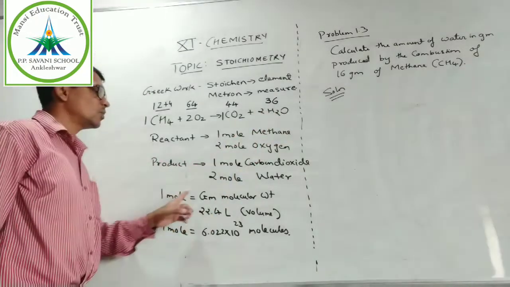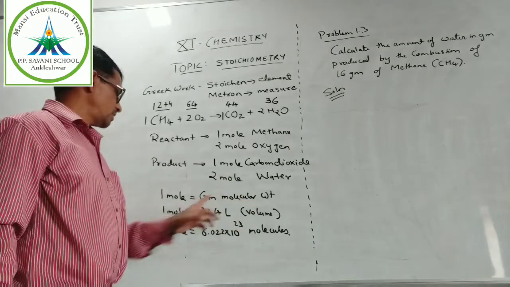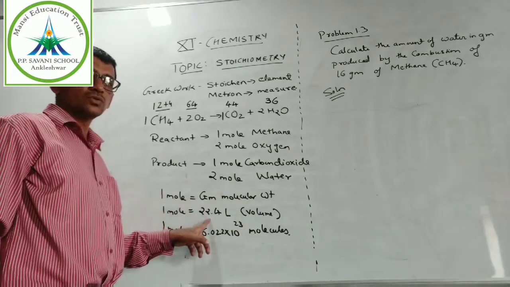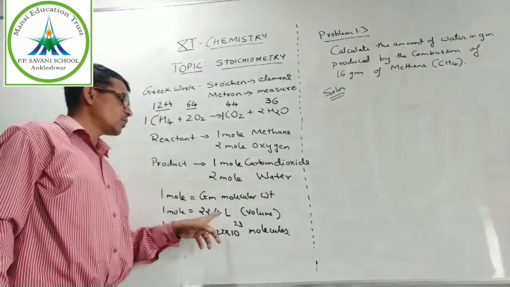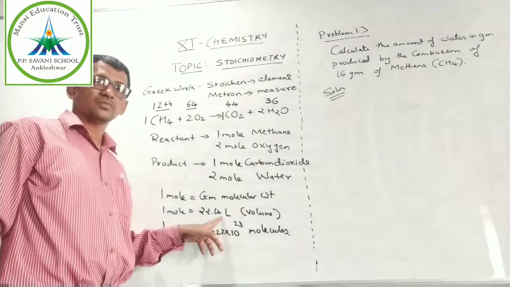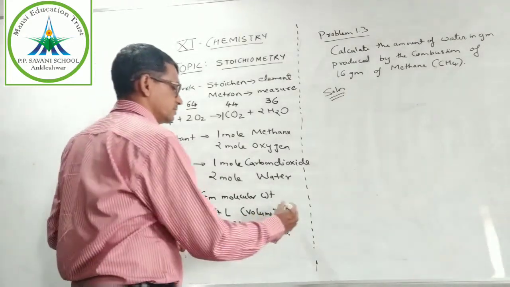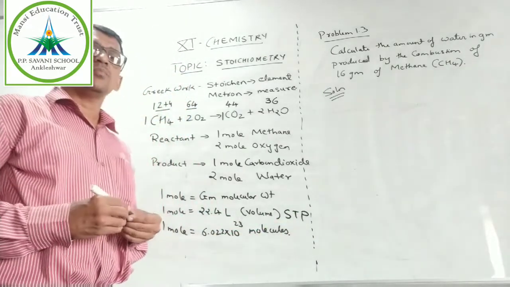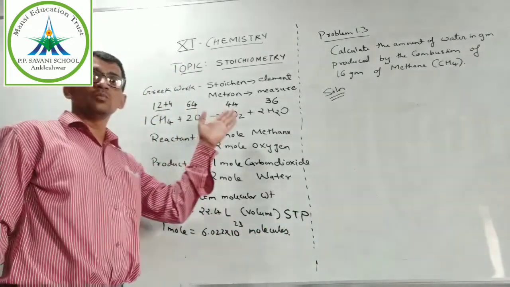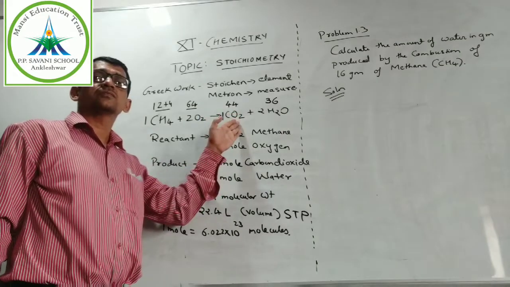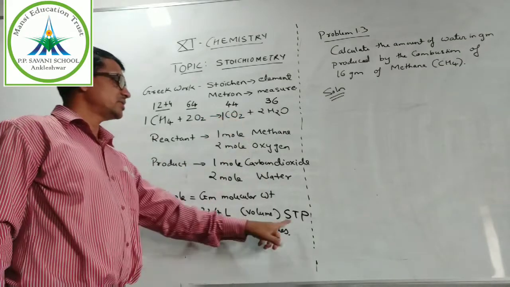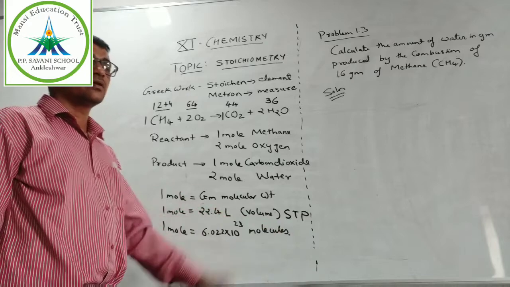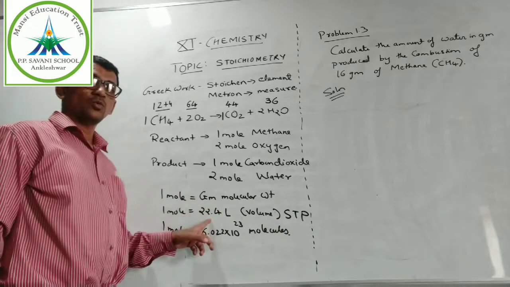So here 1 mole is equal to the molecular weight. 1 mole is also equal to 22.4 liter volume at STP, standard temperature and pressure. So in terms of volume, if gases are produced and temperature and pressure are at STP, then 1 mole is equal to 22.4 liters.